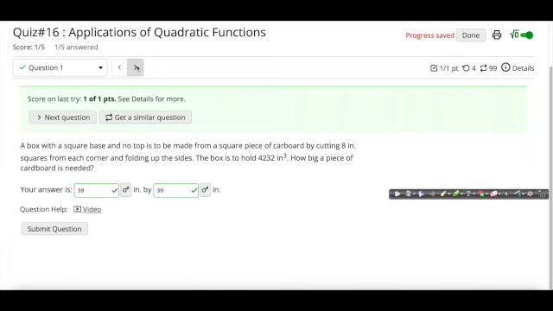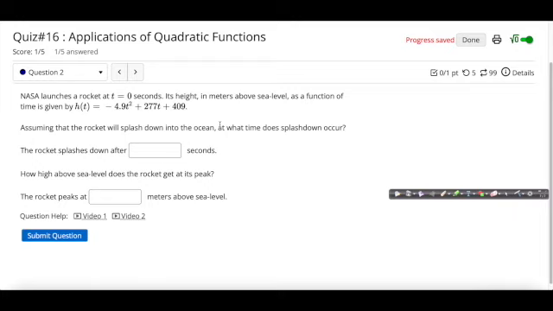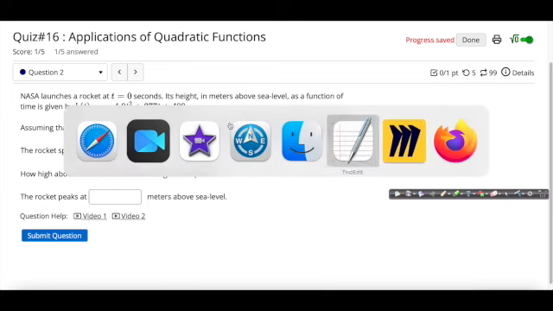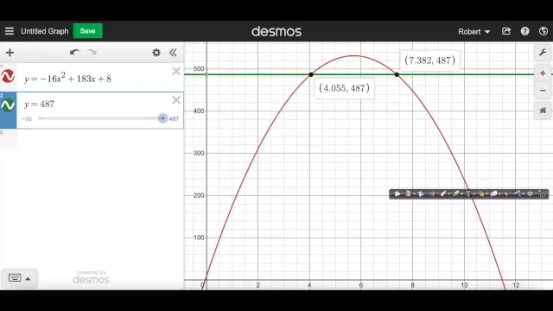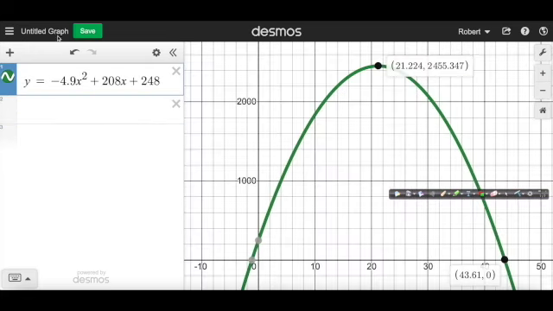Next problem is, okay, it's a rocket problem in metric units. If you remember from the homework video, I recommended that you create templates in Desmos for each of these types of problems. So I'm going to go to that and look around until I find my template for this particular problem. It's probably not this one. There it is right there.